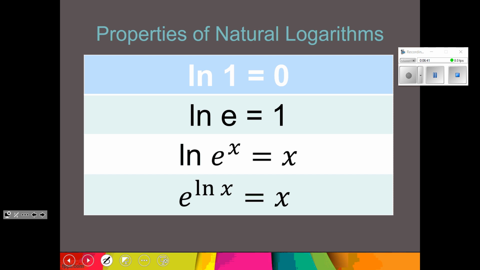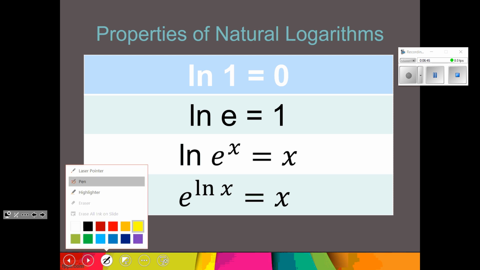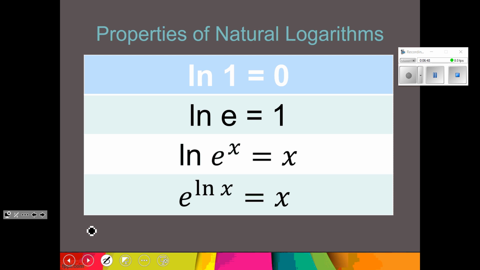All right, so our properties. The ln of 1 would equal 0. If we wrote that out as a log, this would be log base e of 1 equals 0. And that is an exponential: e to the 0 power would be equal to 1. It doesn't matter if it's 5 to the 0 power, x to the 0 power, e to the 0 power, it's still equal to 1. The ln of e, if we wrote that as a log, it would be the log base e of e to the first, and that would be equal to 1.